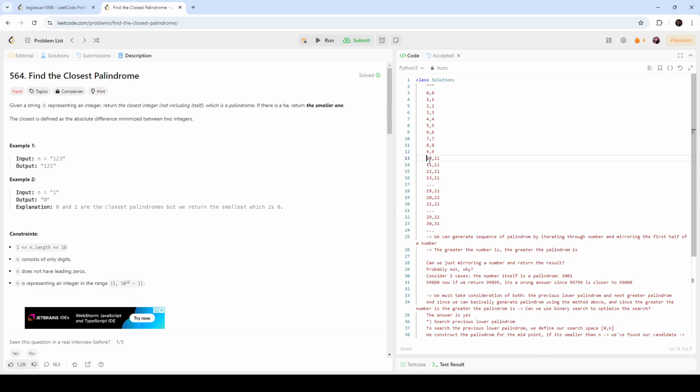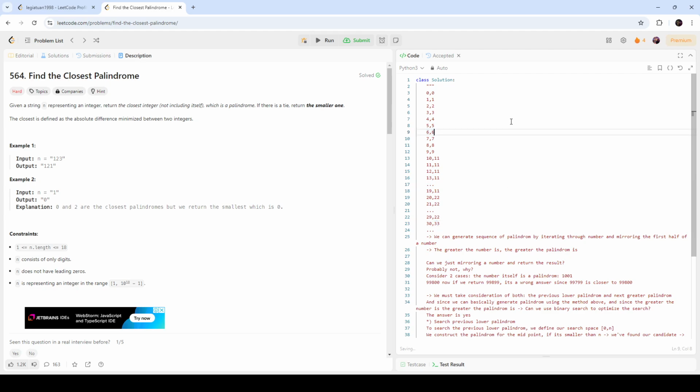We take the first half of the number and mirror it, so now we have 11, and that 11 stays up until 19. Now we have 20; if we take this and mirror it, we have 22, the next palindrome, all the way up to 29, which also yields 22. If we iterate to 30, we have 33.